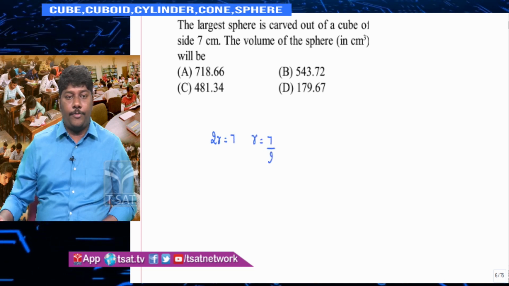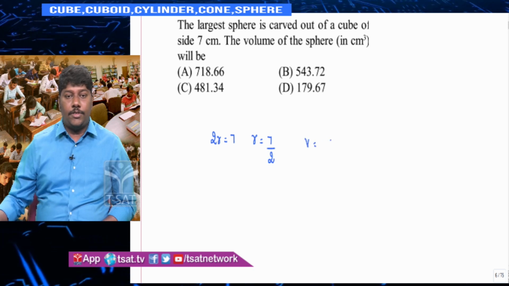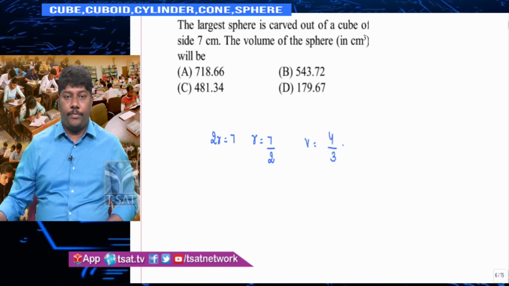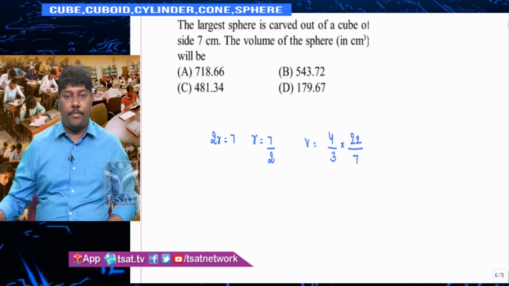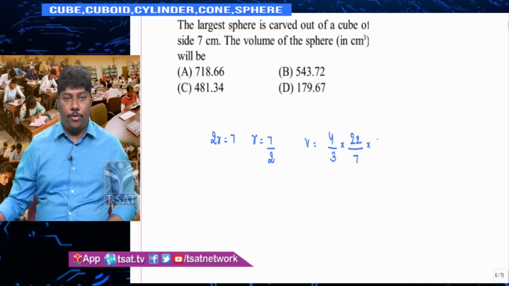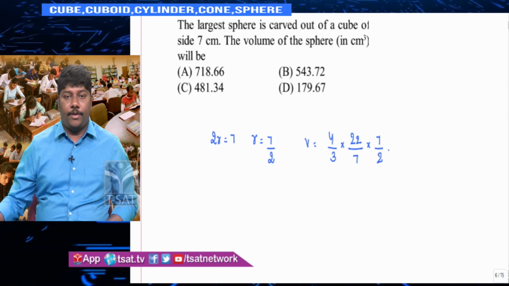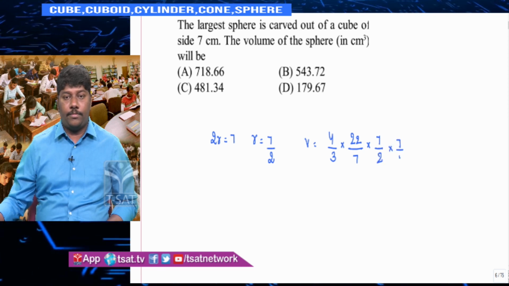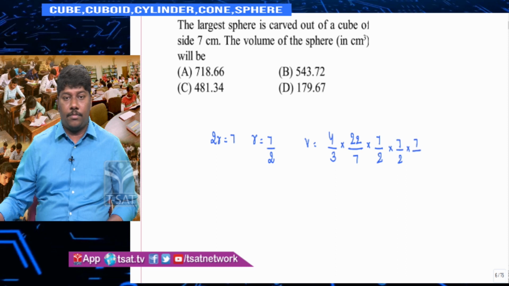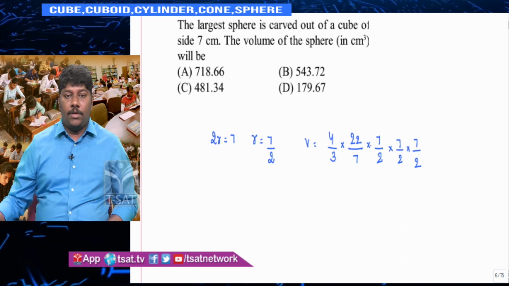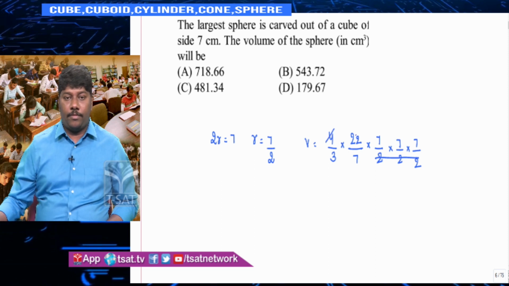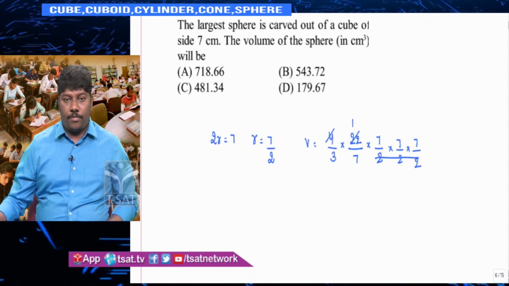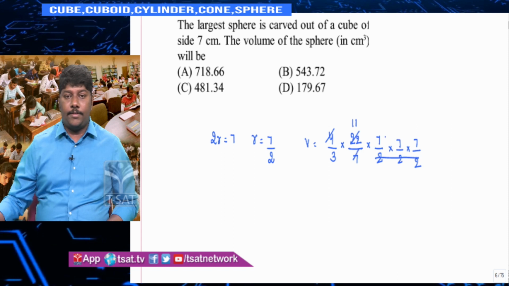So, the volume of the sphere is equal to 4 by 3, 22 by 7 pi r cube, which is 7 by 2 into 7 by 2 into 7 by 2. You can cancel all these values. 7 7 cancel it.